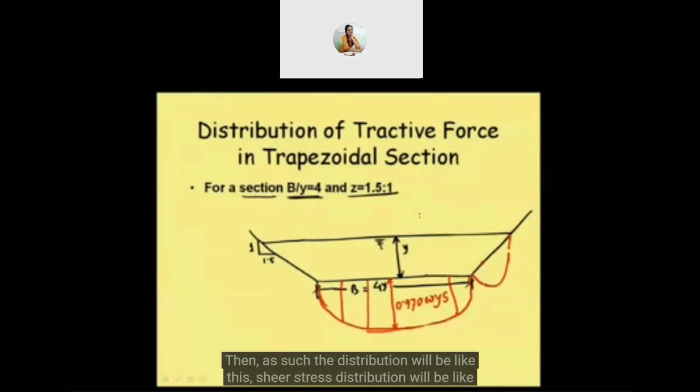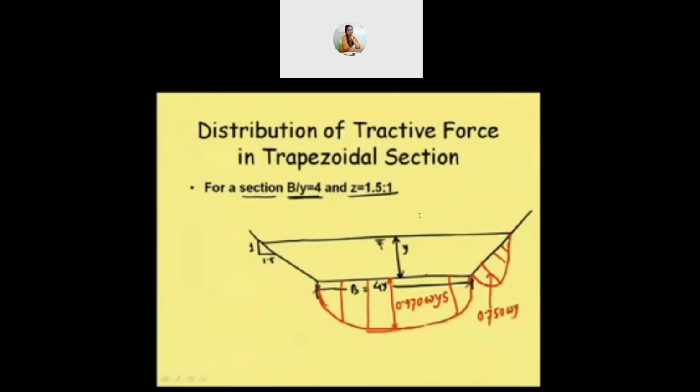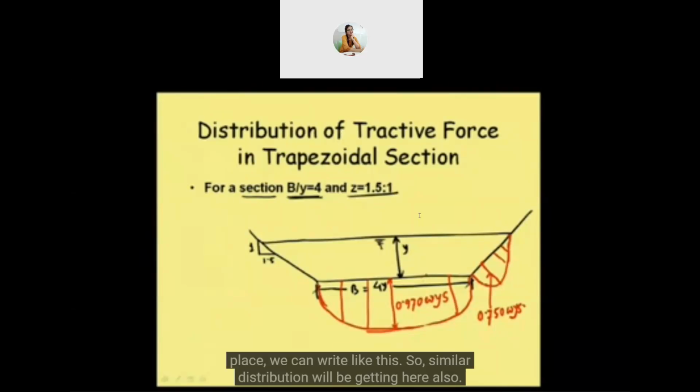The maximum shear stress at the side is equal to 0.750 WYS. Writing up to 3 decimal places, we can write it like this.